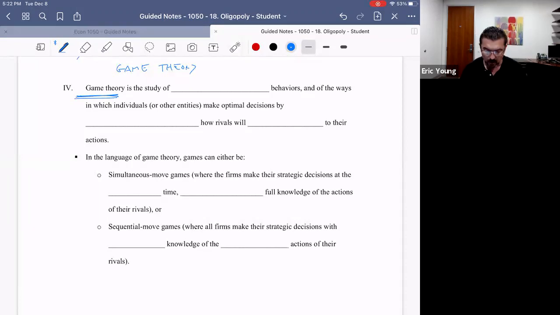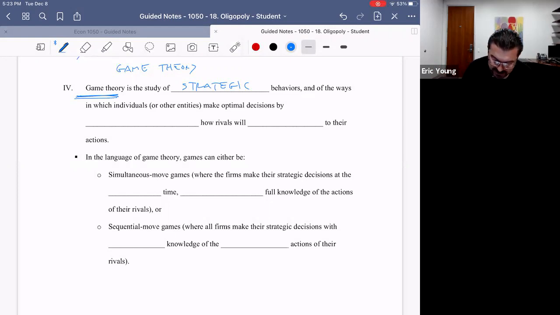And let's start, as always, with definitions and terms. Game theory, my friends, is defined as the study of strategic behaviors. Strategy implies making decisions not just around your own ideas, but around your ideas as well as the anticipated reactions of others, okay? Strategy involves your own decisions, but making your own decisions with an awareness of the potential reactions of rival players, all right?